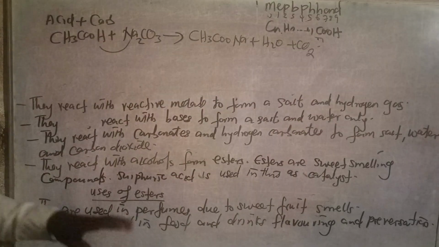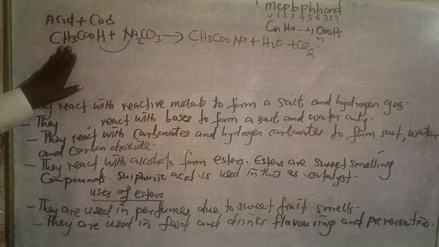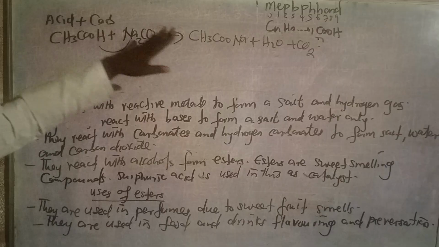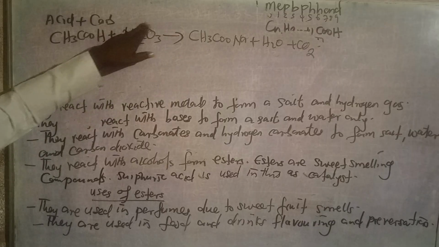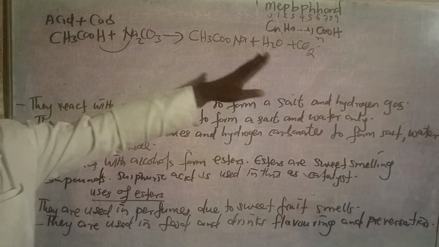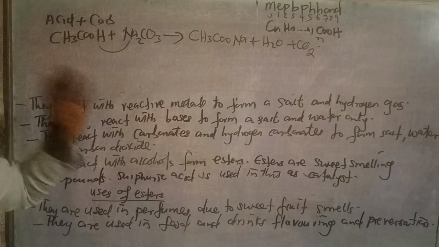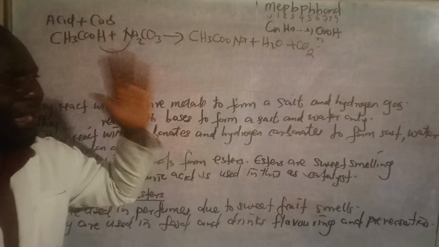So don't forget: when organic acid reacts with carbonate, it can even be sodium hydrogen carbonate. Even if you put sodium hydrogen carbonate here, the product will still remain the same. So acid reacts with carbonate or hydrogen carbonate to form salt, water, and carbon dioxide.